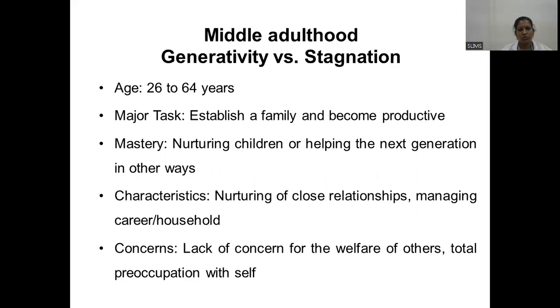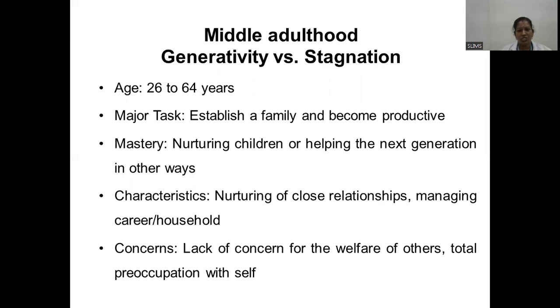Then middle adulthood. In this middle adulthood, generativity as well as stagnation. In this one, this age is between 26 to 64 years. In this 26 to 64 years, the major task is to establish the family and then become productive.